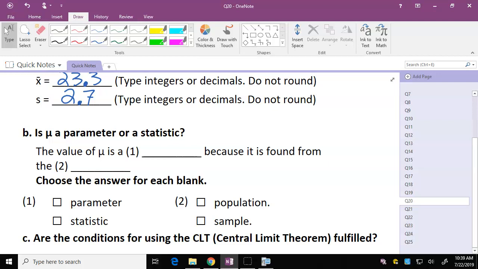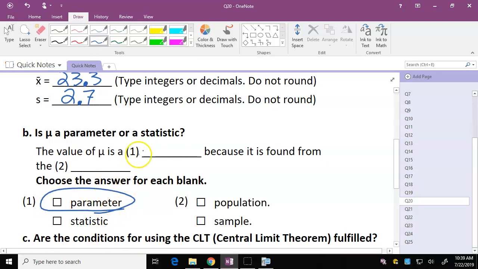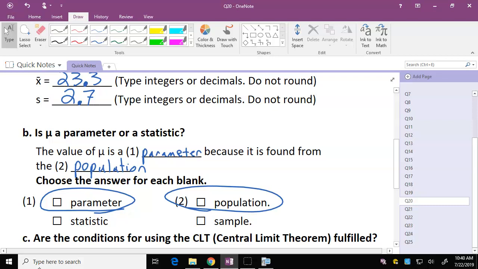Parameter, right? And it's because it is found from the what? Population. Greek letters are always about that population. All right, now, one more question.